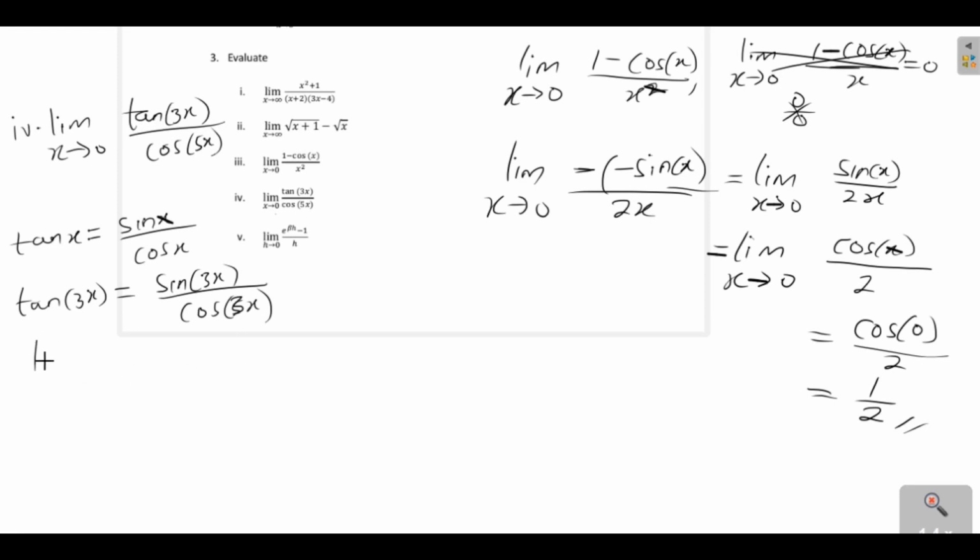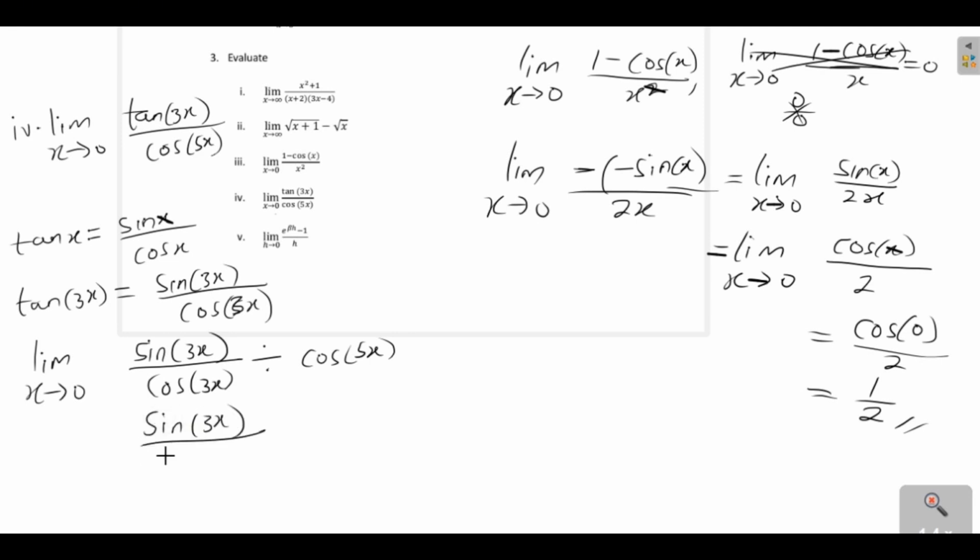That means we are going to take the limit as x approaches 0. In place of tan x, I'm going to put this identity there, this expression. So I'm going to have sine 3x on cos 3x. Now everything divided by cos 5x. And of course this changes to, so sine 3x over cos 3x times 1 over what?